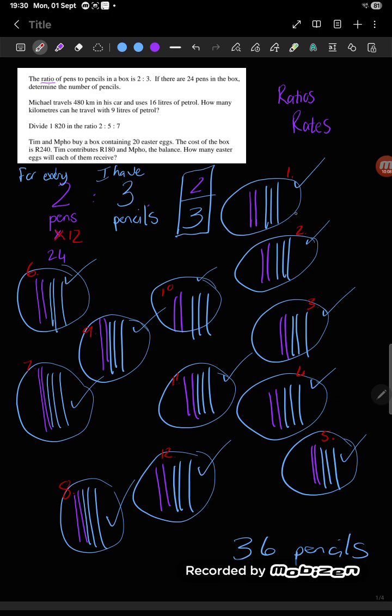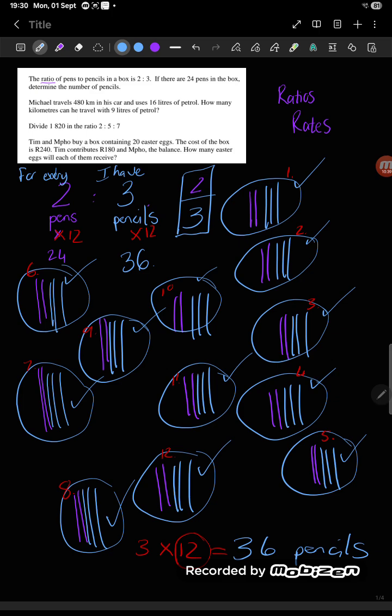And the amount of pencils is exactly the same. It's going to be 12 groups. And what's 12 groups of 3 pencils? So 3 times 12 groups, I'm going to say times 12, which would give me 36. Okay, so I timesed 12 to get to 36.